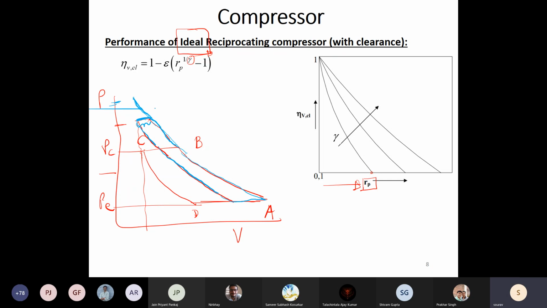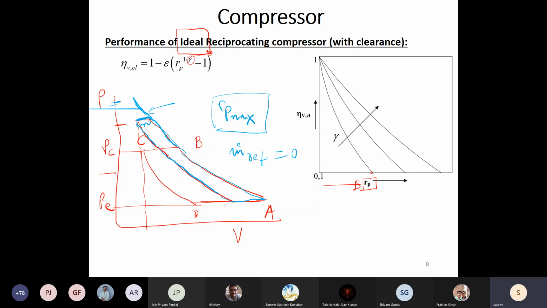This is one way; the other way, you can keep the Pc constant and reduce the Pe. Same effect you can create. So the moot point is there is one Rp max at which your compressor can work. Beyond this pressure ratio, this limiting case Rp max, the mass flow rate delivered by the compressor goes to 0, because neither the suction valve nor the discharge valve will open.